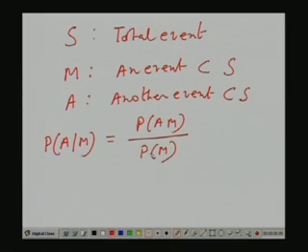Actually, by this conditional probability, what we are trying to say is this: P of A means the probability of the event A occurring.